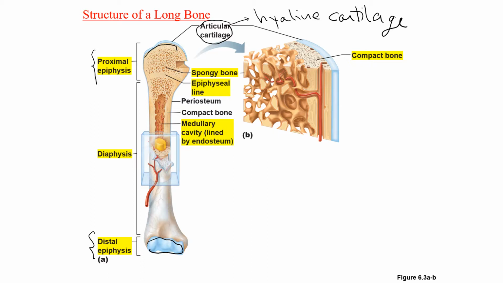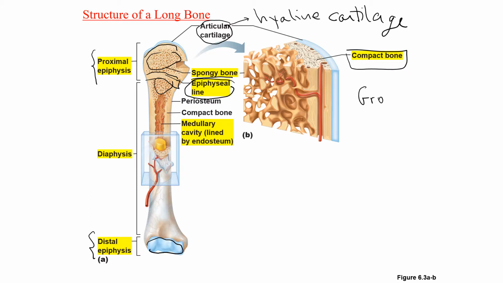The tissue found underneath is a spongy bone tissue. The surface of the epiphysis is made of compact bone tissue. Between epiphysis and diaphysis lies the epiphyseal line, or growth line.